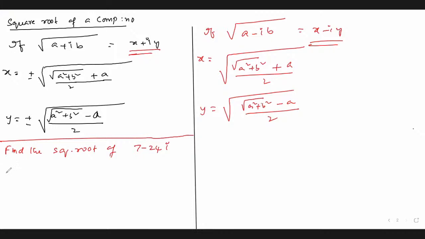So you just consider x is equal to the square root of the square root of a square plus b square plus a by 2. Similarly, you go through the y value.